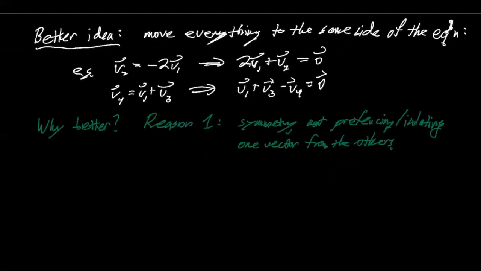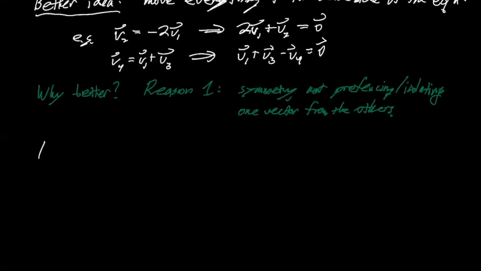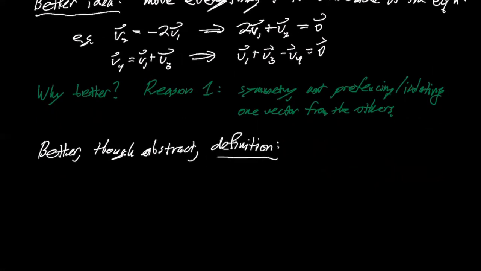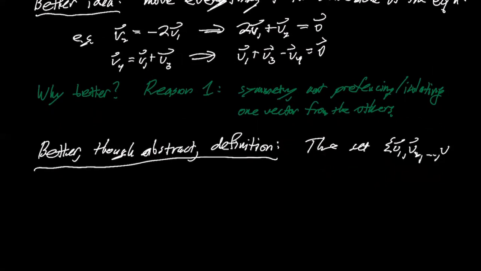So I'm going to say a better, though abstract, definition of linear dependence is going to be the following. The set v1 through vn is linearly dependent. Again, we're going to define dependent first.